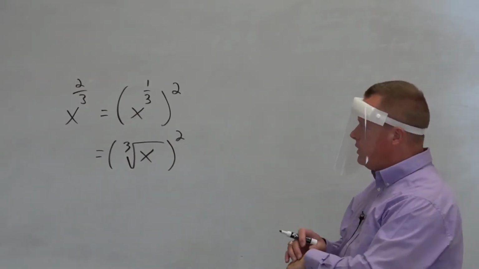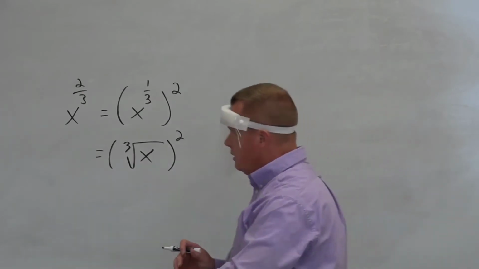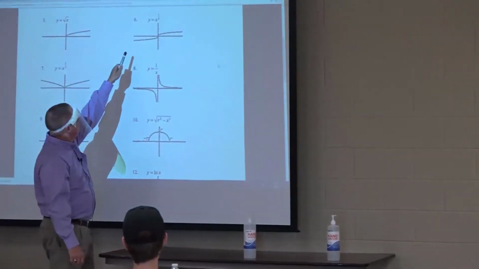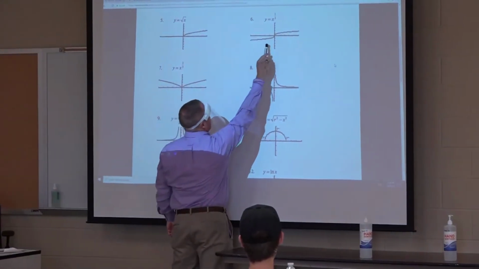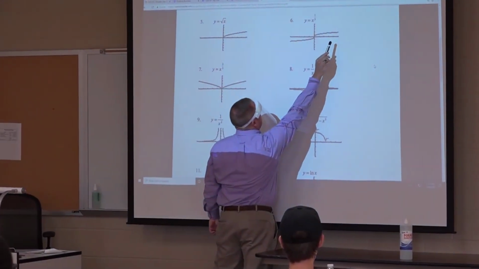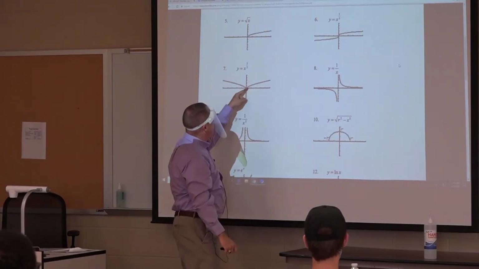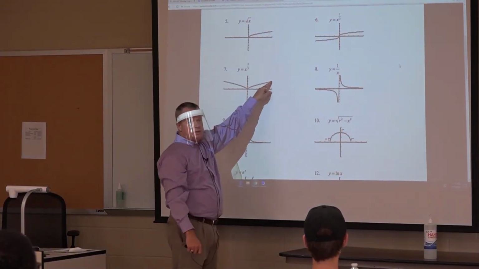Okay, so if you go back to this 1/3 here, so if I have y equals x to the 1/3, I've got this, right? Well, if I square that, it's really not going to affect this side that much. Okay?